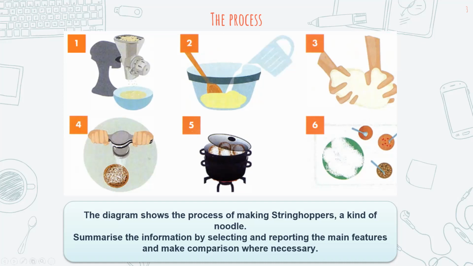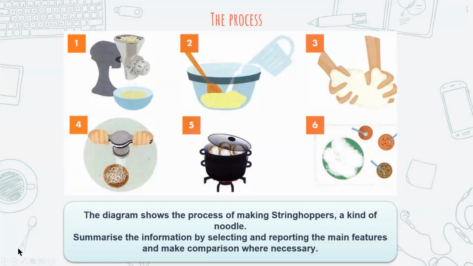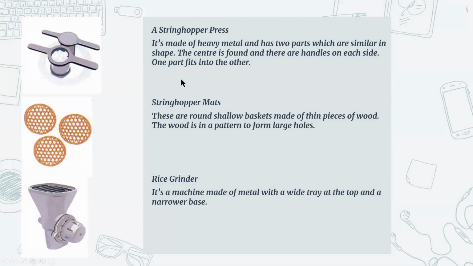Okay, so let's begin our lesson by describing the equipment. If you go back to the process, here we have a grinder. Okay, and here we have some sort of piece of equipment. So let's describe these devices. First of all, we have a string hopper press.